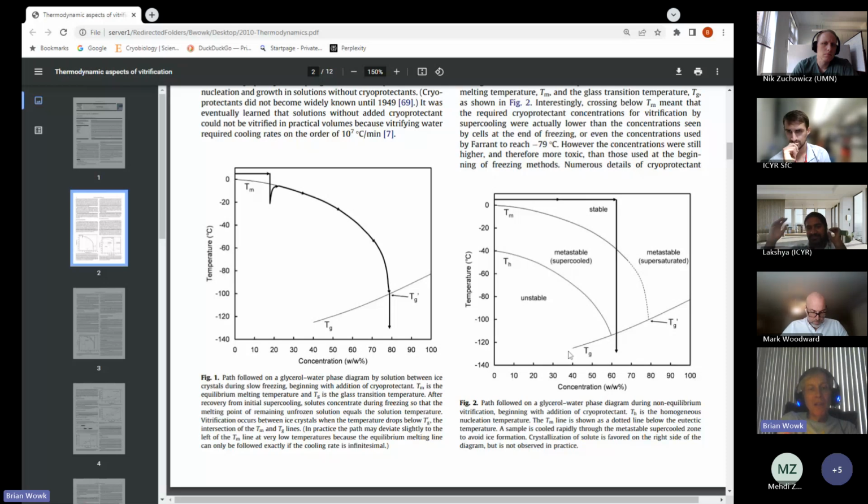It's actually relevant to food science, because when food companies want their foods to have long life in -20 freezers, and if they're processed foods where they have options to add things, they will deliberately look for additives that have a high TG prime to increase the storage time in freezers by keeping things in a more solid state. So people do look at this, but not so much in cryobiology right now.